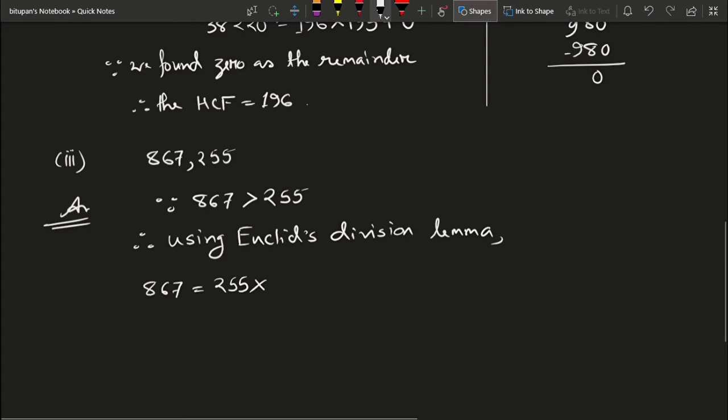So let us again get some space for the rough work, and we will divide at first 867 by 255.